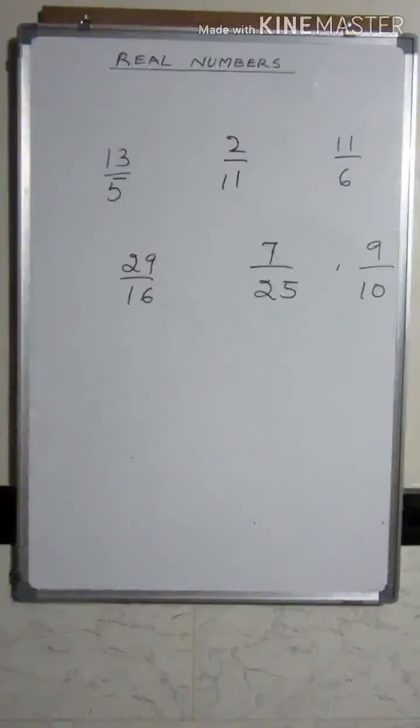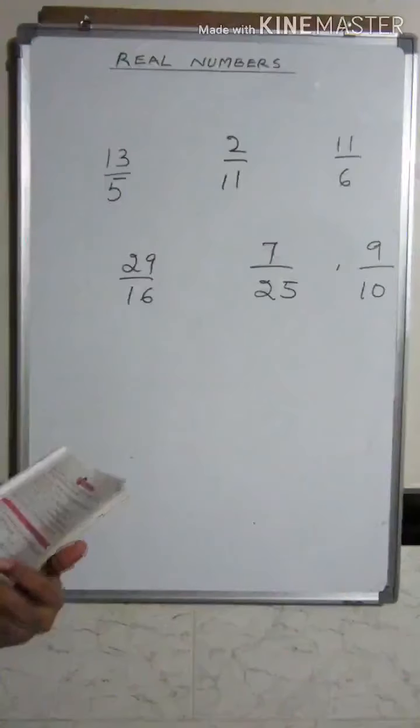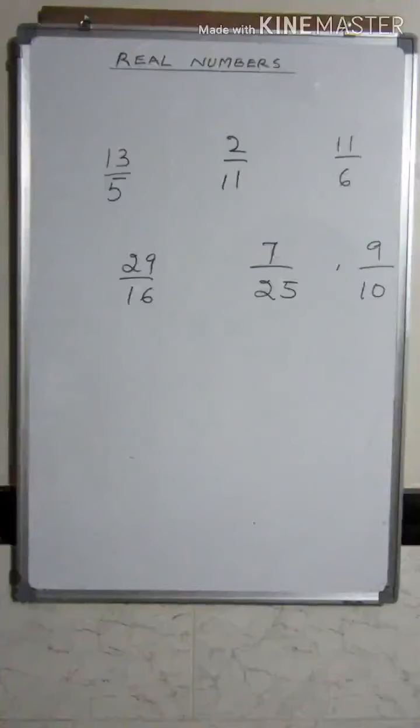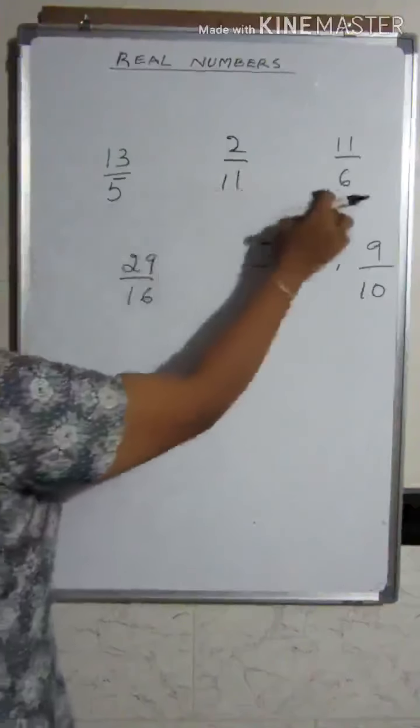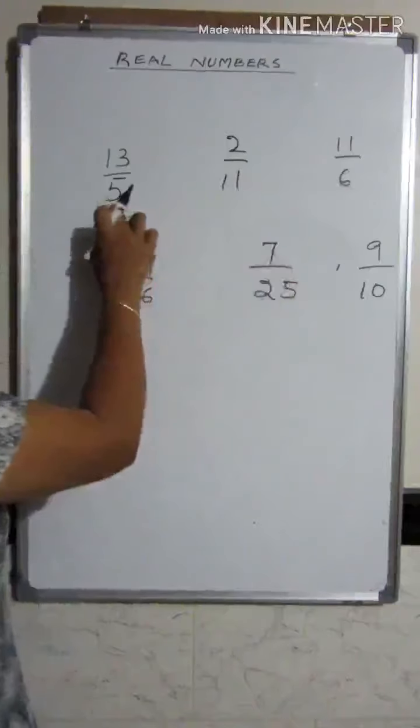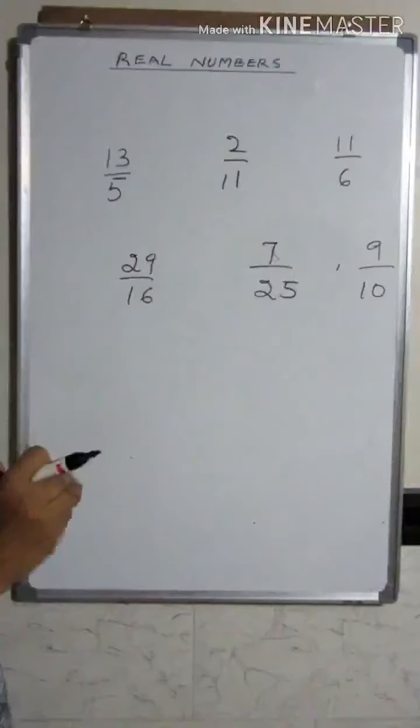So in your textbook they have given a note where very easily you can find out whether the numbers are terminating or non-terminating recurring decimal. What they have told you to do there is each and every rational number's denominator, split it into its prime factors.